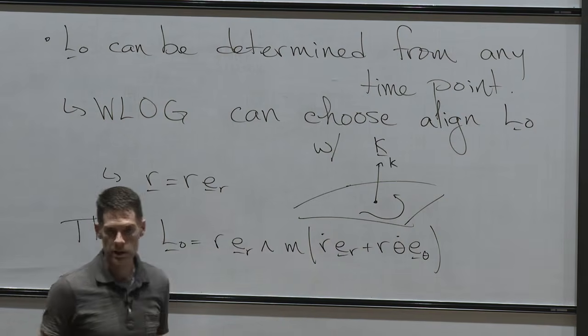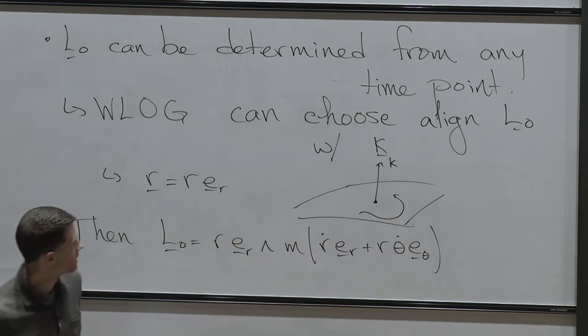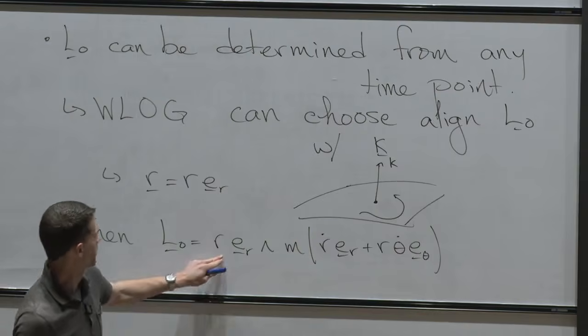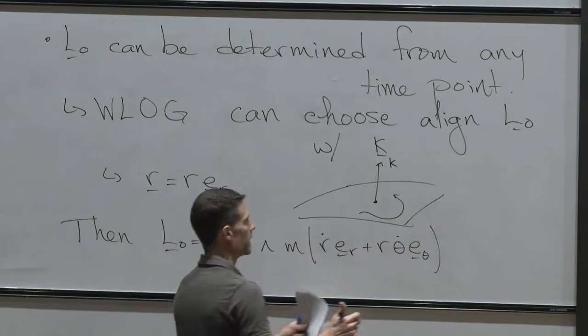And er cross er is 0. er cross e theta is ez. So I'm left with m r squared theta dot ez.